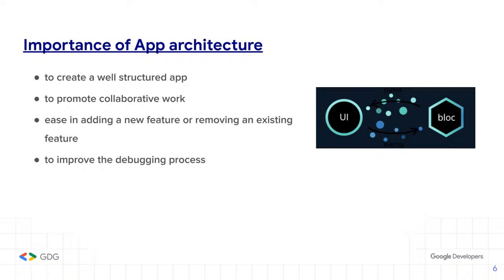So, in this way, the design is only going to have the design element of the login screen, and the logic element is going to have the entire functionality of the login screen, which we will be seeing in the next slides. But just to put it out there, having an app architecture can promote a well structured app, and it also promotes collaborative work.